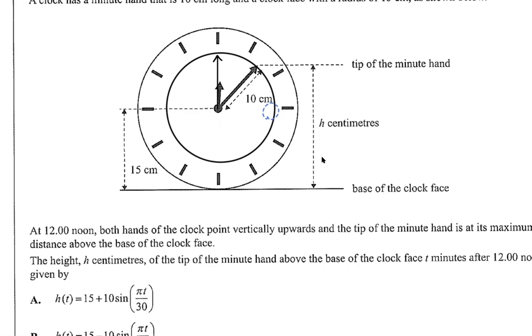We are actually measuring the height from the tip of the minute hand to the base of the clock face. At the beginning, let me just draw one axis. This is your height in centimeters. Height against time in minutes.